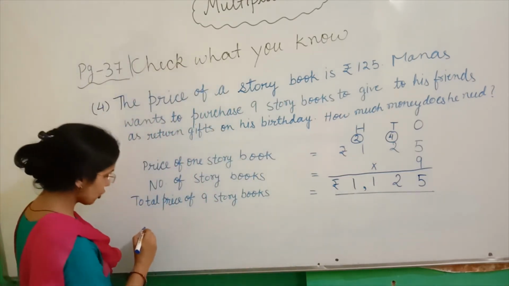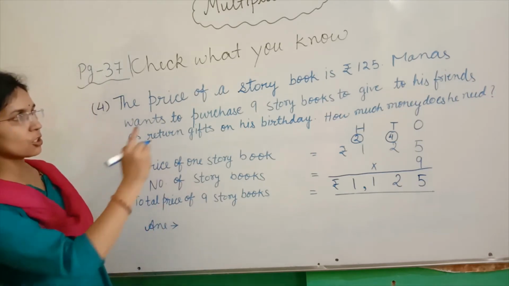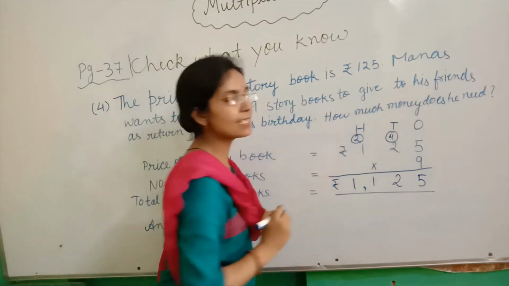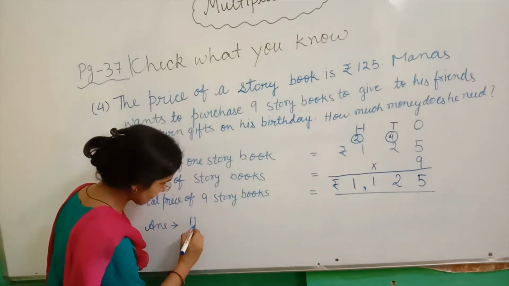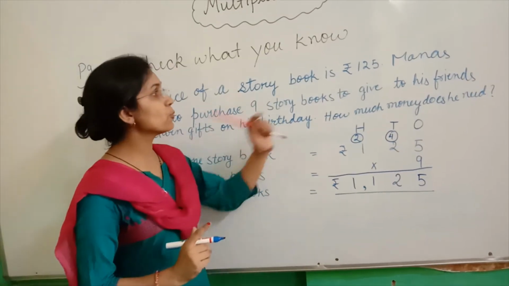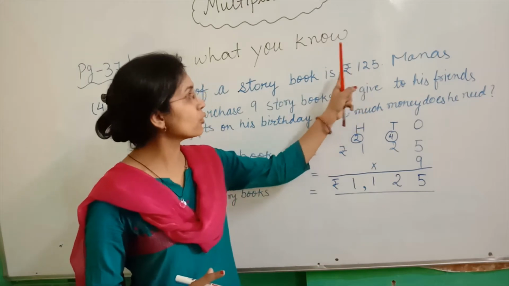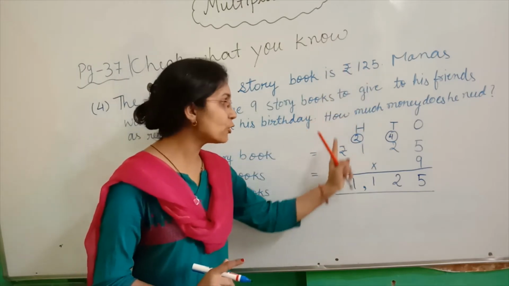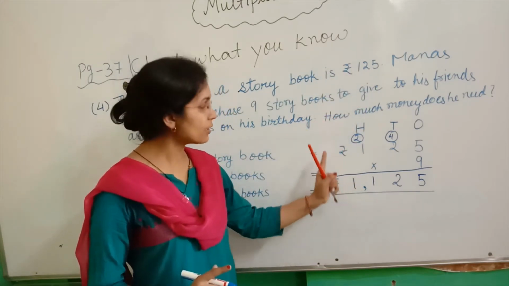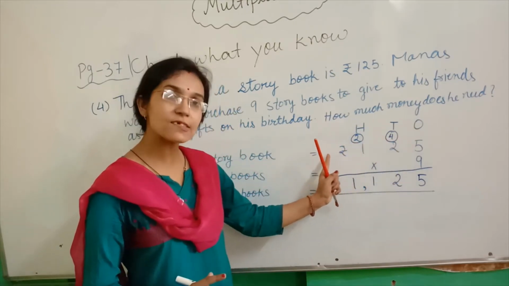So now I am going to write down the answer statement. How much money does he need? He needs. See children, one thing you have to pay attention. Here your question is price of one storybook, and the rupees sign is written over here. So whenever you write your final statement, wherever there is a rupees indication, you have to put a sign of rupees.